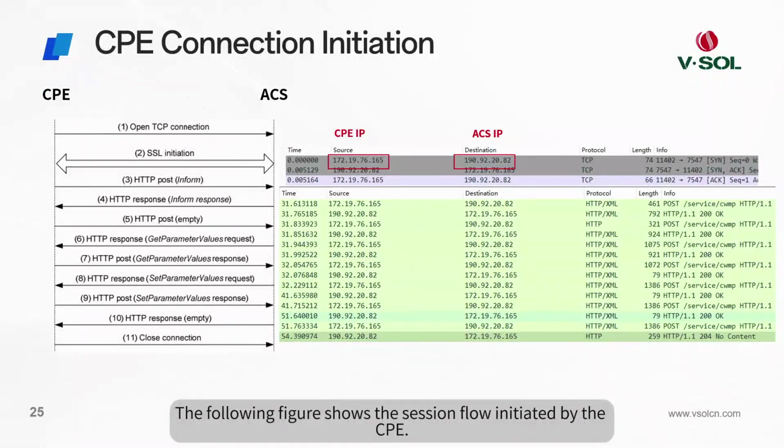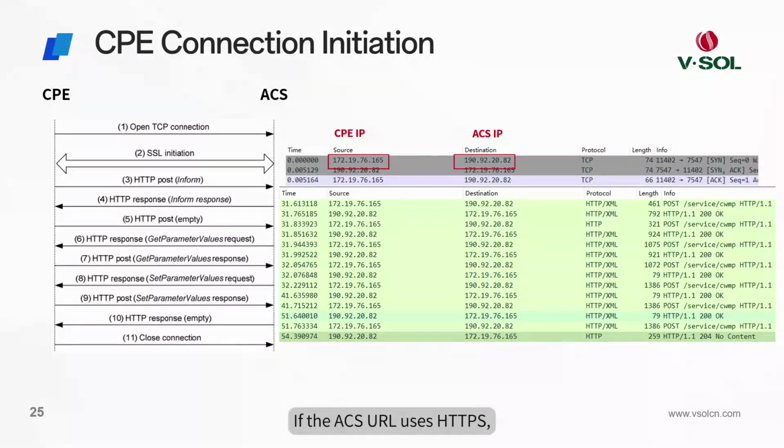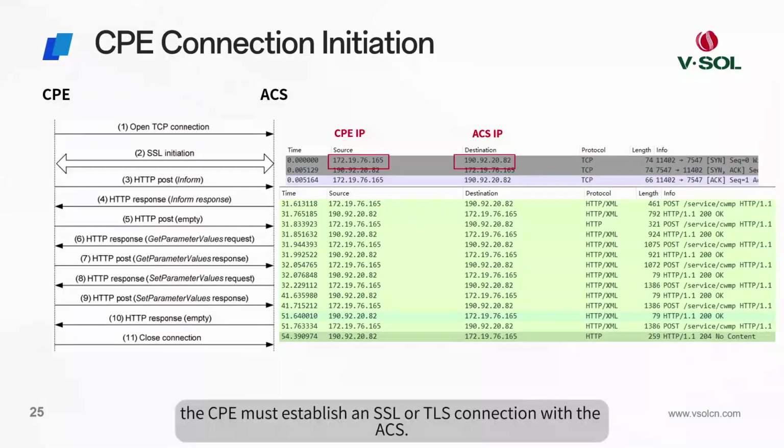The following figure shows the session flow initiated by the CPE. The CPE needs to establish a TCP connection with the ACS first. If the ACS URL uses HTTPS, the CPE must establish an SSL or TLS connection with the ACS.